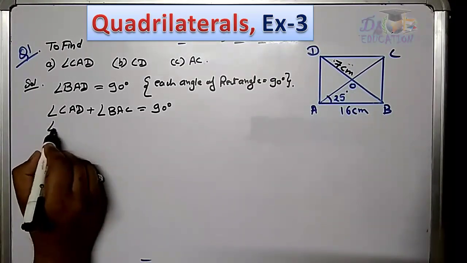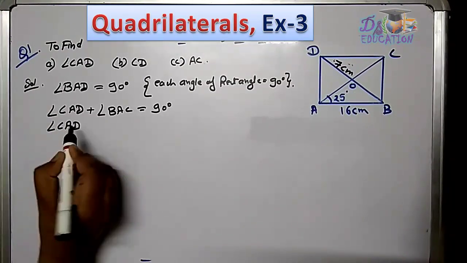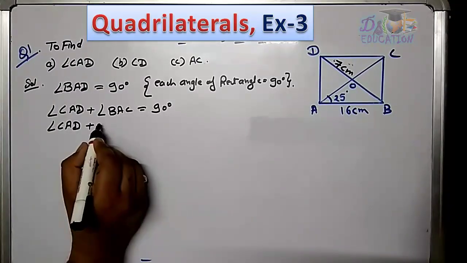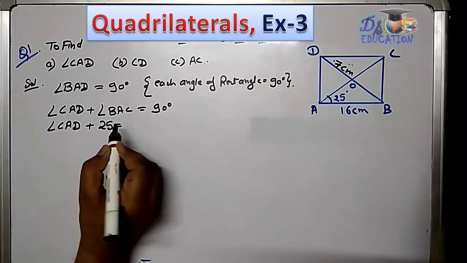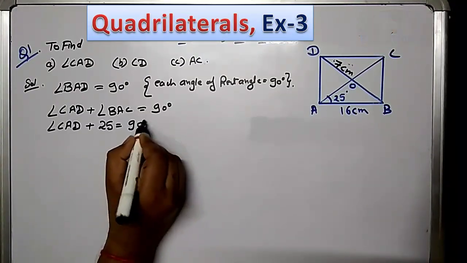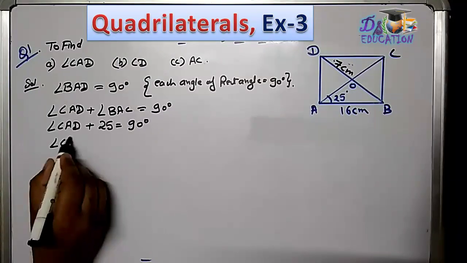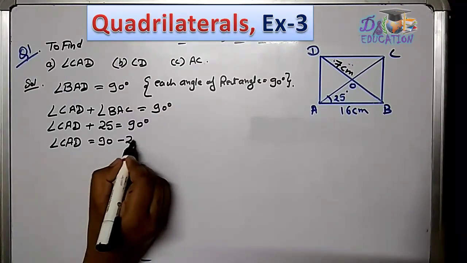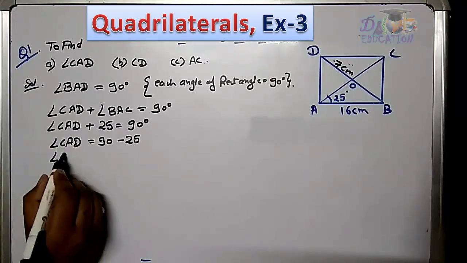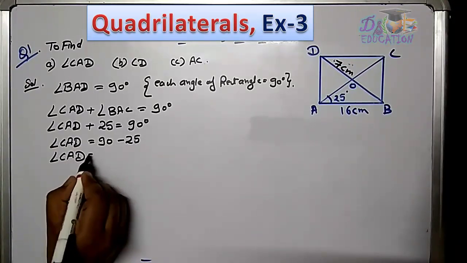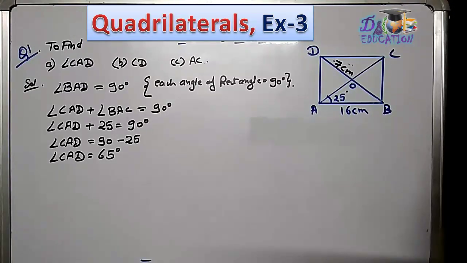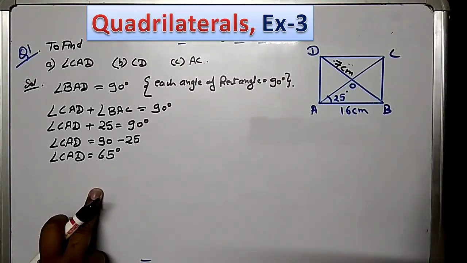So among this, angle CAD plus BAC, BAC is 25, so CAD plus 25 is equal to 90 degree. So angle CAD is equal to 90 minus 25. Just subtract it, that is CAD is equal to 65 degree.